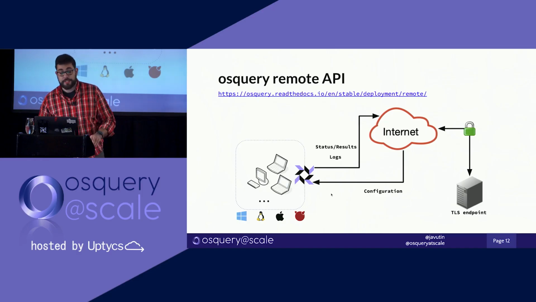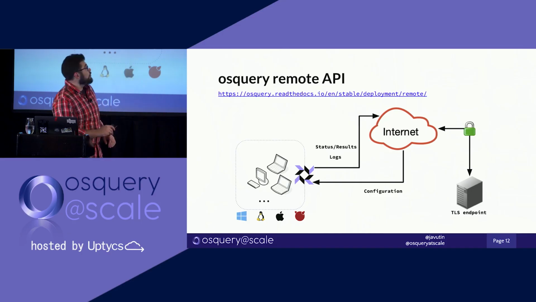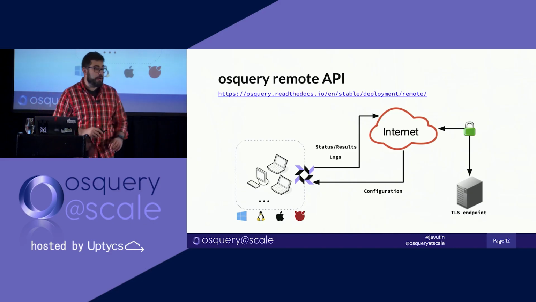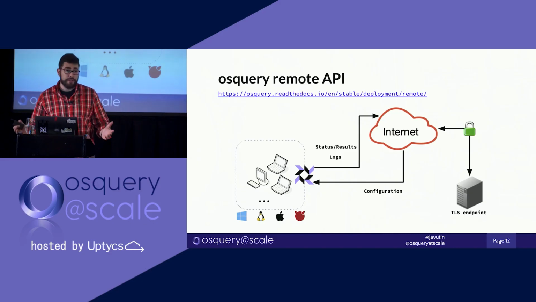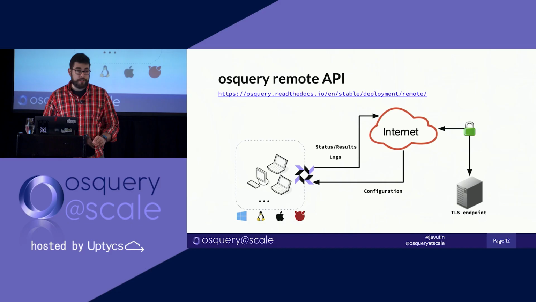They're going to be generating status and result logs, and they're going to be sent over the internet to hit your TLS endpoint, which is the part that we are discussing how to build. And then the TLS endpoint will distribute the configuration to those hosts. So these hosts will receive the configuration from the TLS endpoint and then submit the status of osquery and the logs generated by the queries, right?